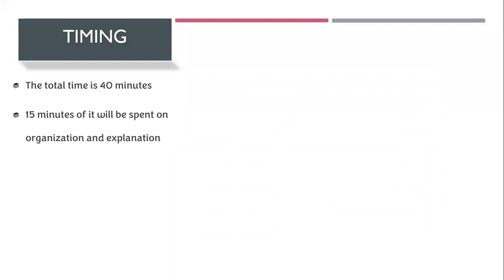Before they start the audio, you're gonna have let's say 1 minute before the audio starts so that you can prepare yourself. Or, for example, between section 1 and section 2, you may have 1 minute. Between section 3 and section 4, it's the same. So almost 15 minutes are gonna be wasted just for organization and explanations.